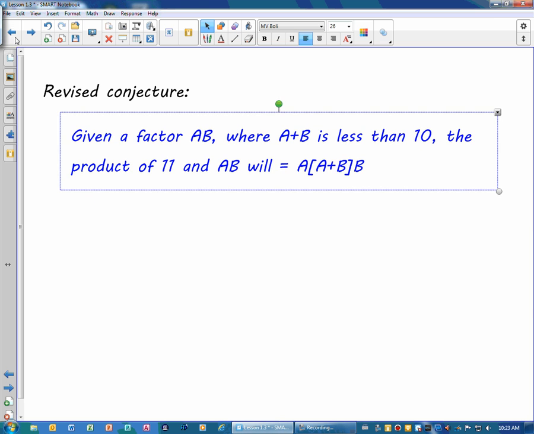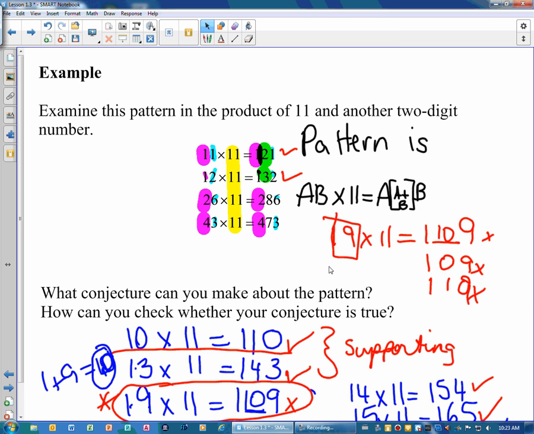Okay, so remember that right here, as soon as we ended up with this 2-digit number, adding to something that's bigger than 10, it didn't work anymore. So let's try one more time where we pick a bigger number, but it doesn't add. Like, let's go 81 times 11, because 8 plus 1 adds to 9.